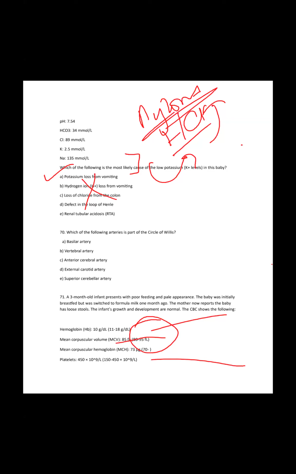And this is the classical picture. So prolonged vomiting causes loss of HCl, producing an increase of bicarbonate in the plasma to compensate for the lost chloride and sodium. The result is hypokalemic, hypochloremic metabolic alkalosis.